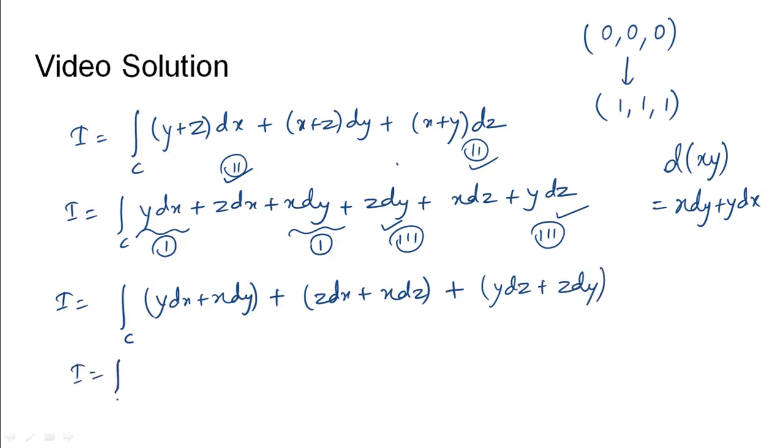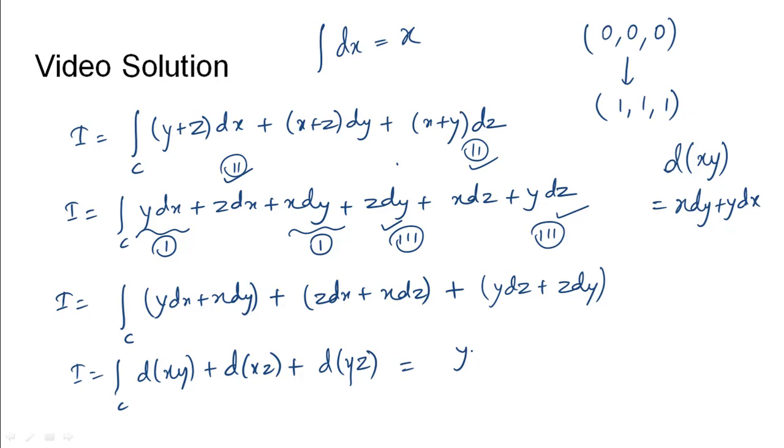This can be written as the integral over C of d of xy plus d of xz plus d of yz. We know that the integration of dx is given as x. So here we can write the same as xy plus yz plus zx, and we need to substitute the limits from (0, 0, 0) to (1, 1, 1).